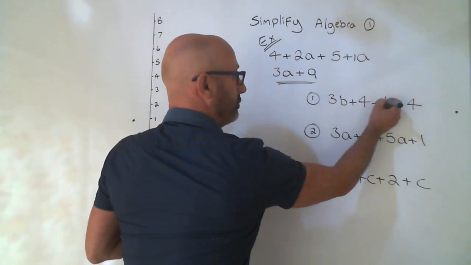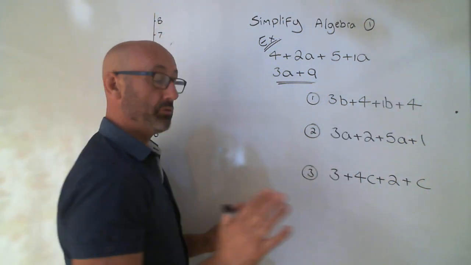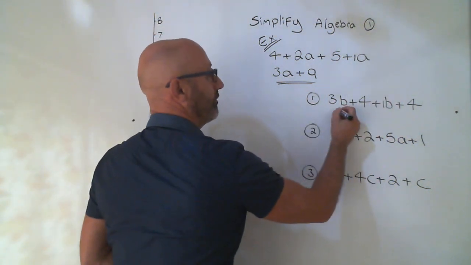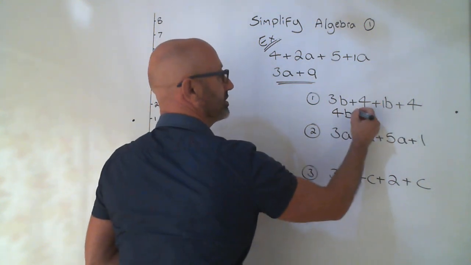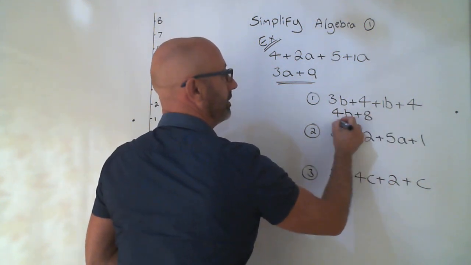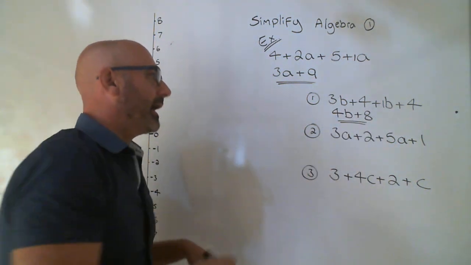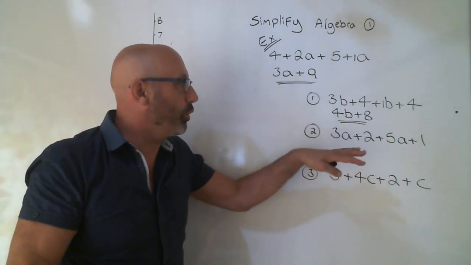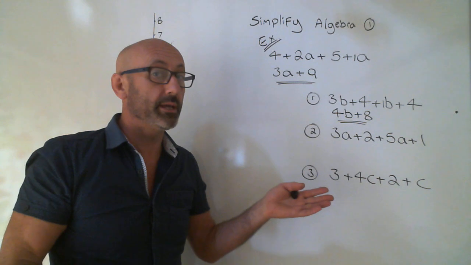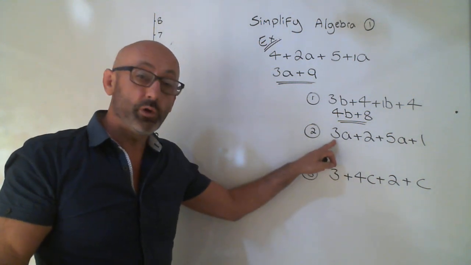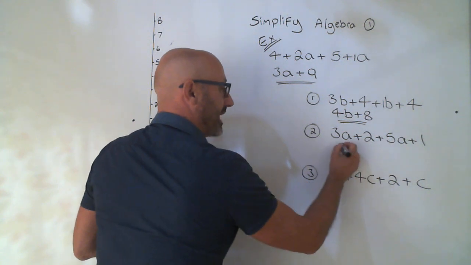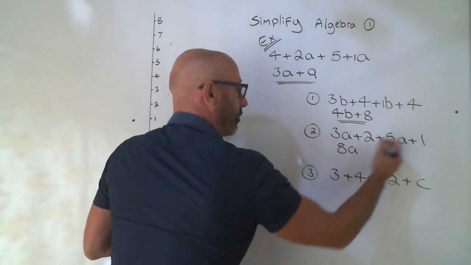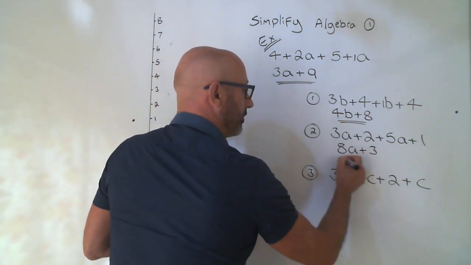Let's see if you've got them right. Well, if you do the bananas, you have got 4 bananas. Then we've got numbers, we've got 8. 4b, add 8. Or if you want, 8, add 4b. It's up to you. This one here, we've got 3a add 5a, that's 8a. And 2 add 1 is 3.